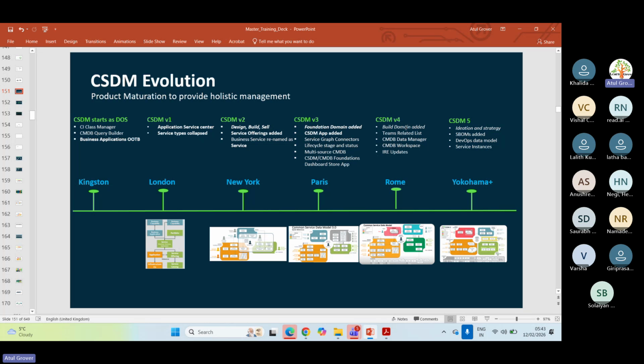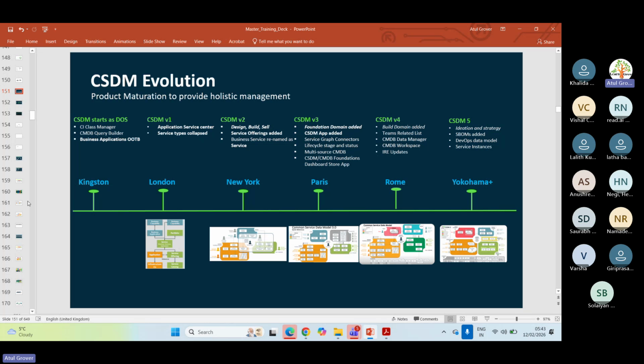In 4, they brought one more domain, your build, automation, DevOps. In the fifth, they brought idea and strategy as well, and a few more concepts. And I heard that ServiceNow is coming with version 6 as well.